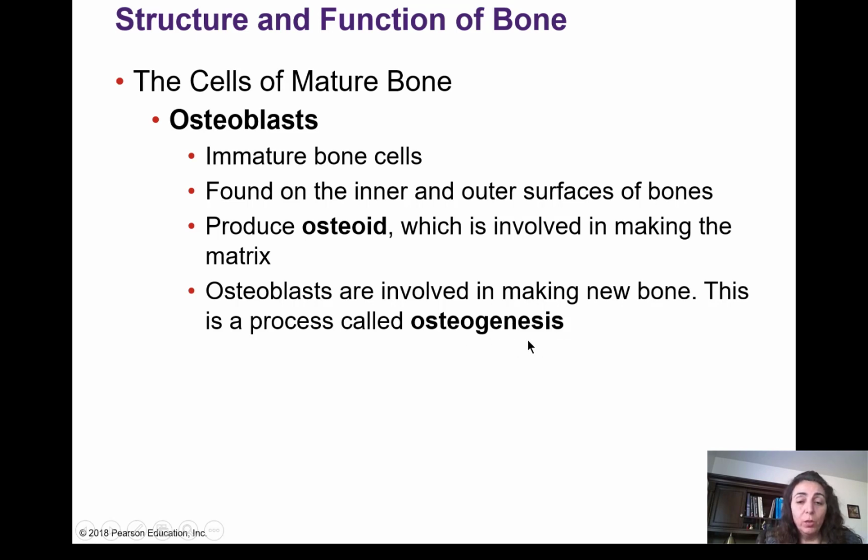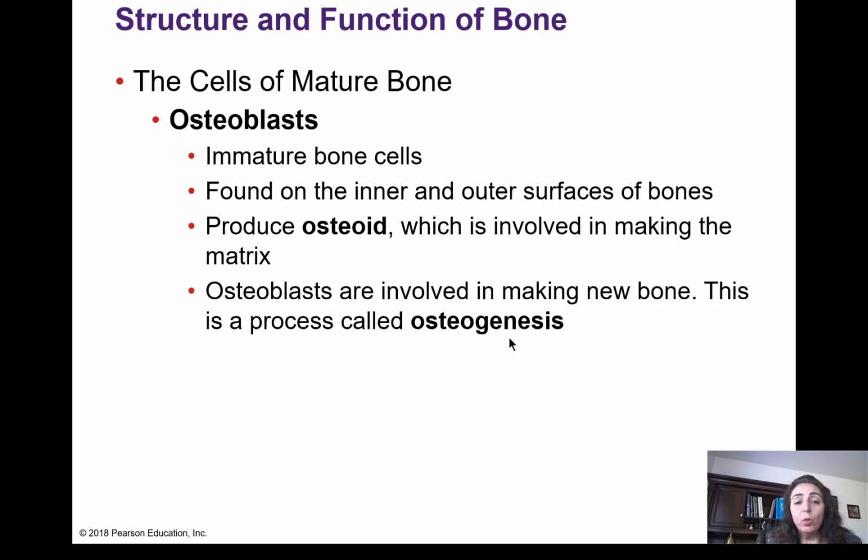Genesis in general means producing, generation, right? And osteo again means bone, so osteogenesis is a process of bone formation, production of the bone, right? And one part of that is our osteoblasts, making the matrix, and through that making new bone, right?